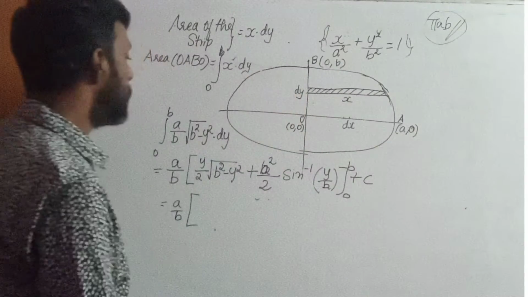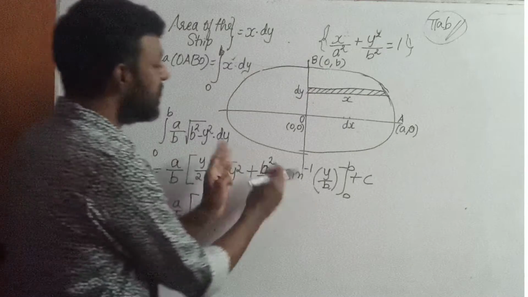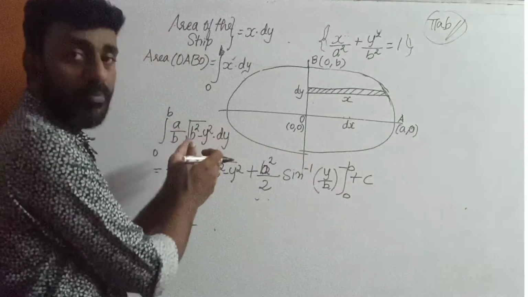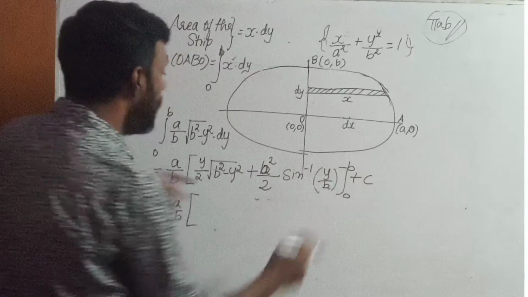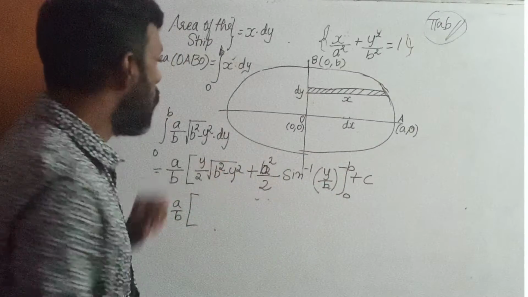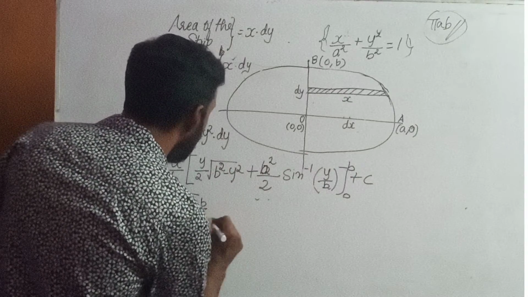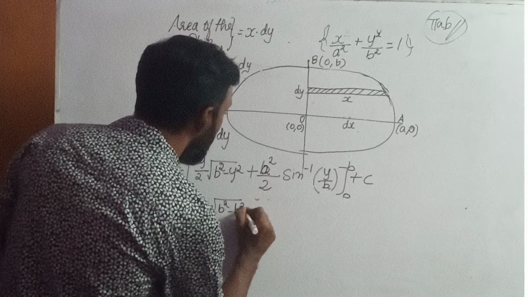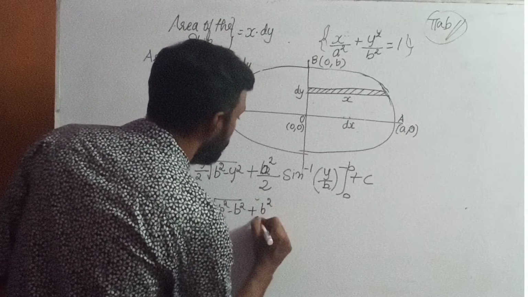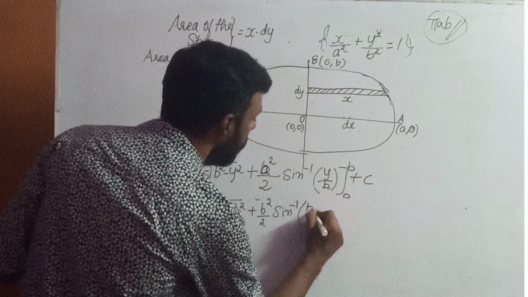Right? So now all the terms are arranged with b's and y's. So we also have b and y over here. So what I'm going to do is, now I'm going to substitute b in terms of y. If I do it, it will be b by 2 into root of b squared minus b squared plus b squared divided by 2 into sine inverse of b by b.